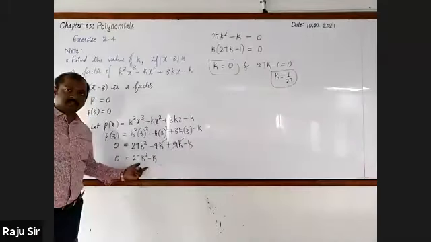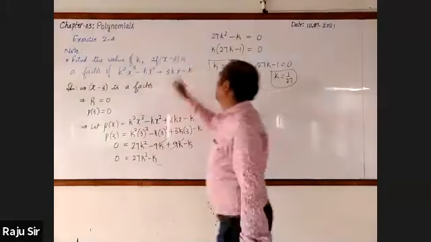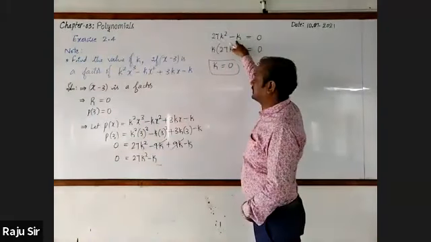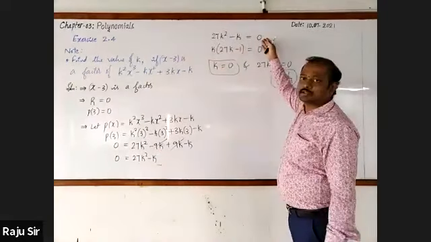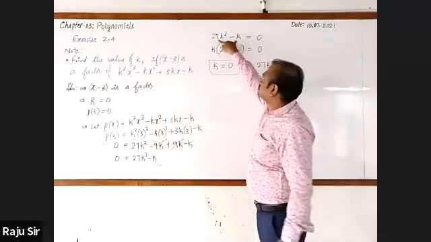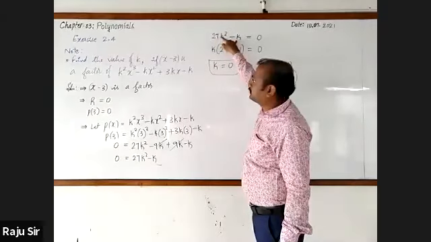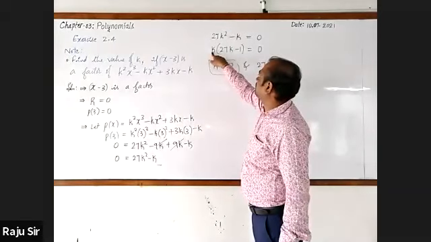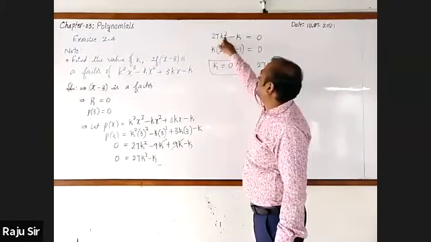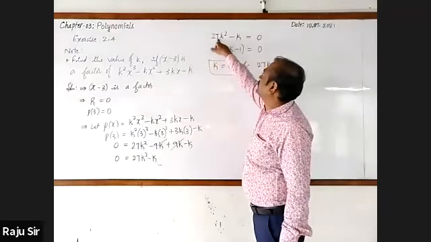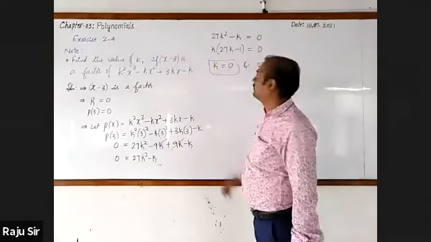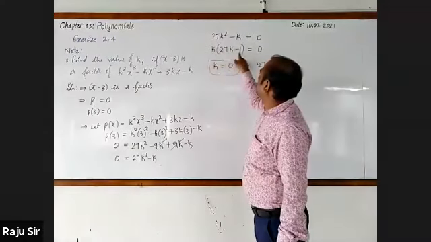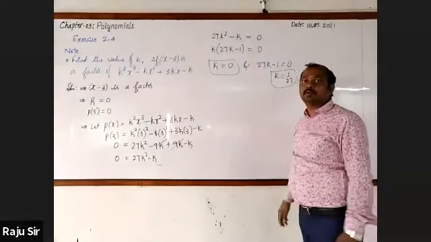Now observe. Hope that you have understood up to here. Now I have just interchanged LHS and RHS. LHS is 27k square minus k and RHS is to be taken as 0. In the LHS, you can see that k is a common factor in both terms. If you take k as common, k into 27k square divided by k, it will be 27k, minus k, 1 is k, that's equal to 0.